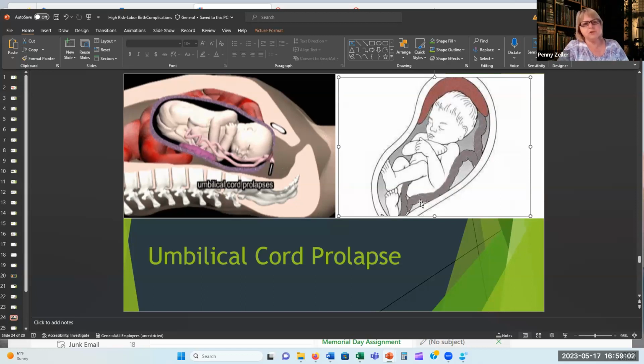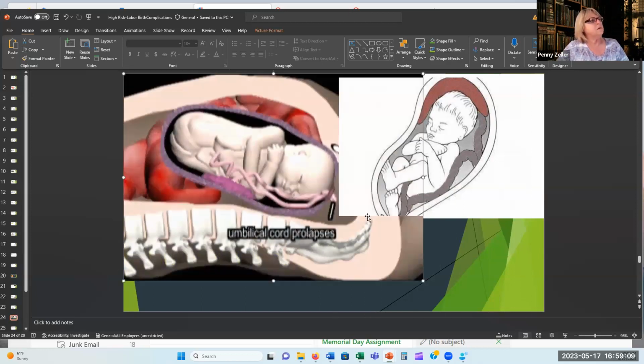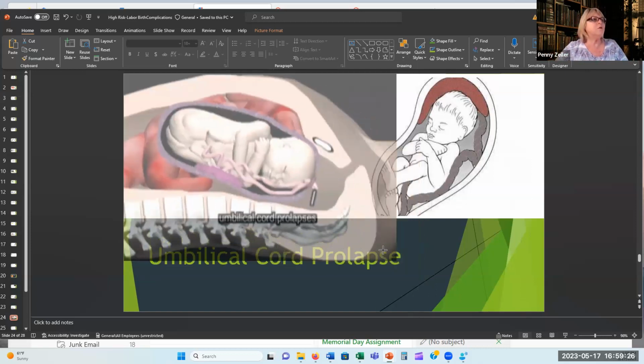Same thing with the other picture. You can see the cord there, right there. It's pinched against the cervix, between the fetal head and the cervix. So if we get mom up, that baby is going to pull back. And so you want to push on the head, get it away from the cord so that blood can flow.